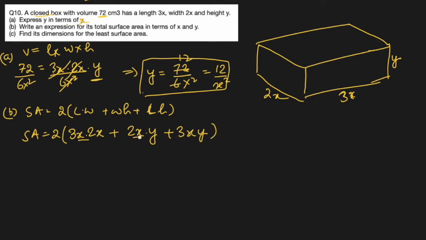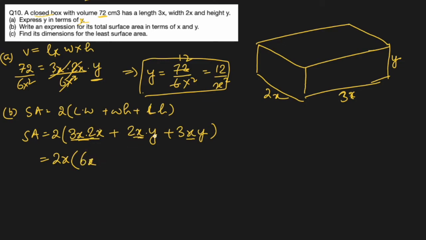So all of them have x, so we can write it in simplest form. We can write 2x, and out of this whole thing only x is out, so we are left with 6x.